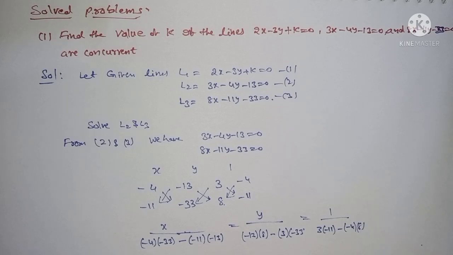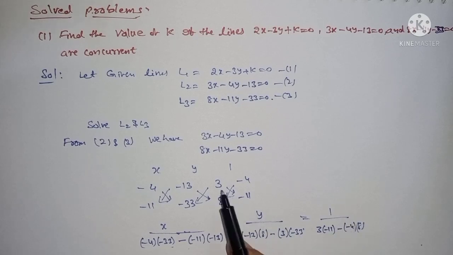Once again listen: x by (minus 4 into minus 33 minus minus 11 into minus 13), y is equal to (minus 13 into 8 minus 3 into minus 33), 1 by (3 into minus 11 minus 8 into minus 4).